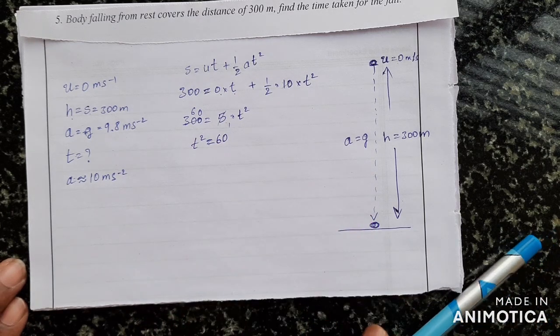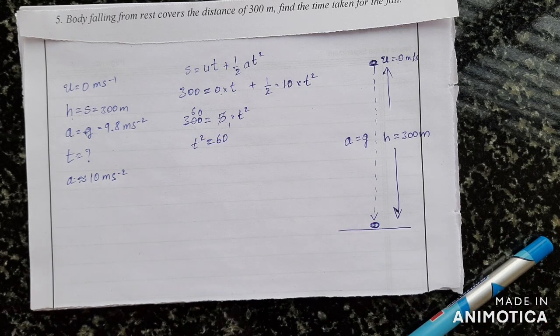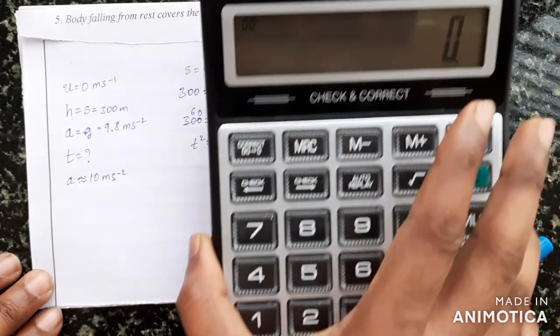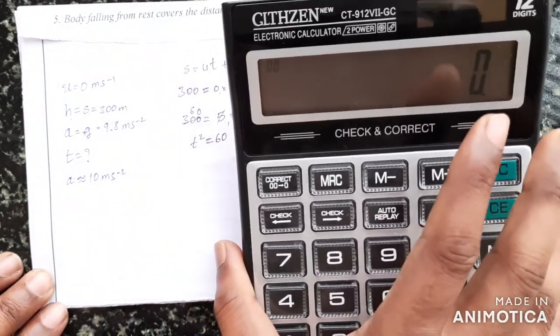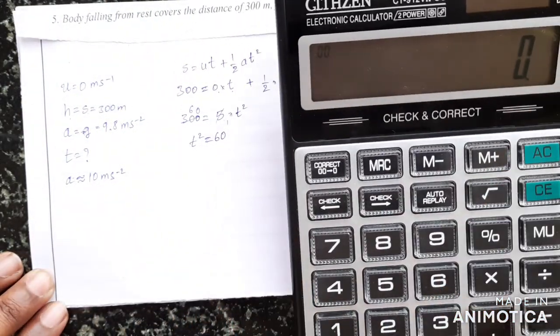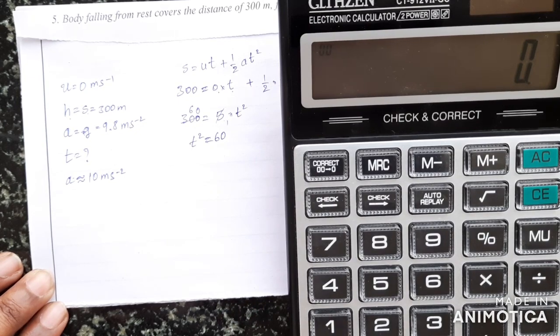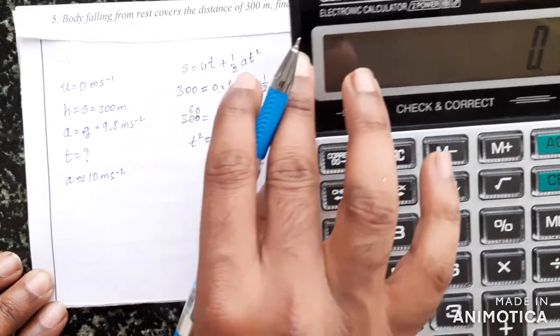So this is t squared. What we need is t, right? So let us calculate t now. How do we calculate t? Very simple. I just need to take the square root of this 60.